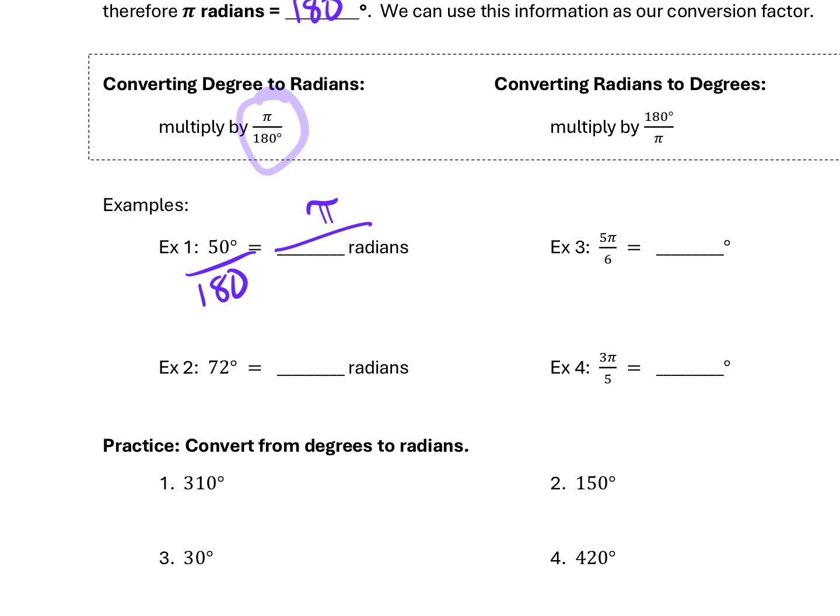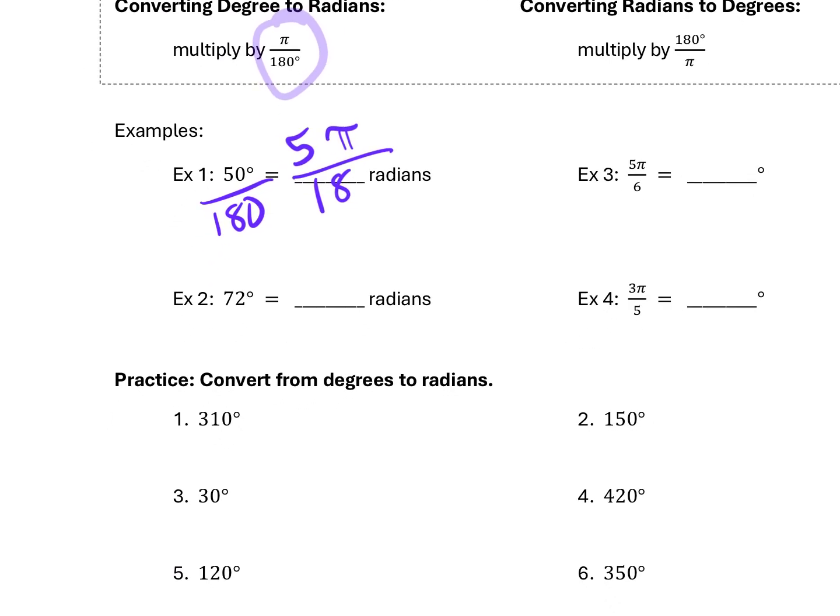So if you plug 50 divided by 180 in your calculator, what do we get? What's the reduced fraction? 5/18. So in other words, 5 pi over 18 radians is equal to 50 degrees, right? If we take 72 degrees, we're going to do 72 divided by 180.